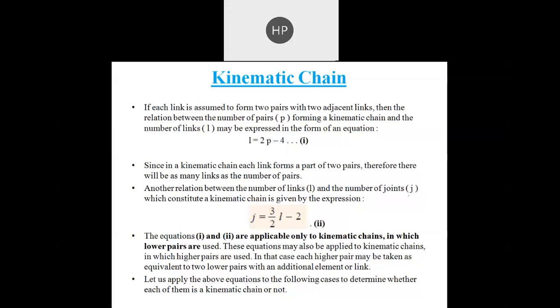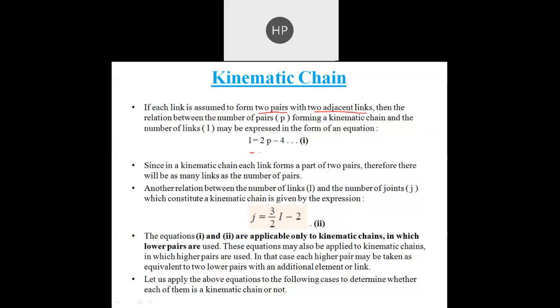If each link is assumed to form two pairs with two adjacent links, then the relation between the number of pairs forming a kinematic chain and the number of links may be expressed by the equation L = 2P - 4.